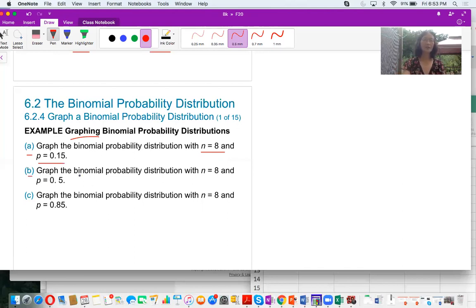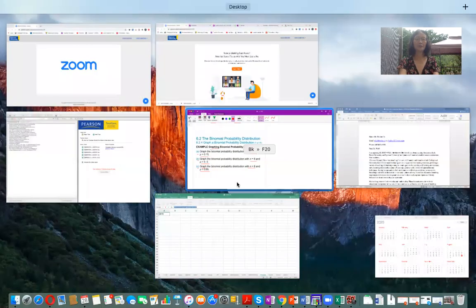B, graph the binomial probability distribution with n equal to 8 and p equal to 0.5. As you can see, p increases. p represents the probability of success. Number C, graph the binomial probability distribution with n equal to 8 and p equal to 0.85.